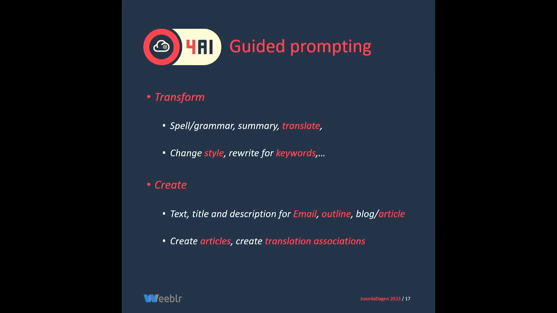So back to transform, we'll see that later, but you can do things like transforming existing content, spelling, writing a summary, obviously translating. You can change the style with caution. You can rewrite for keywords. I'm an SEO guy at the start, so I tend to still focus on keywords, maybe a bit too much.